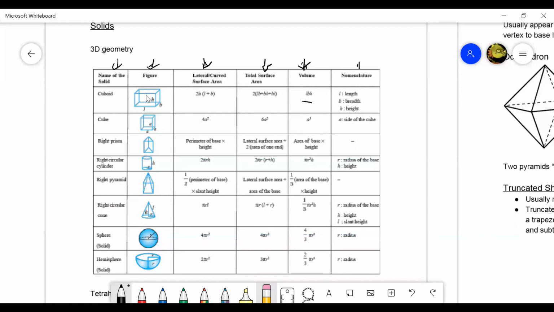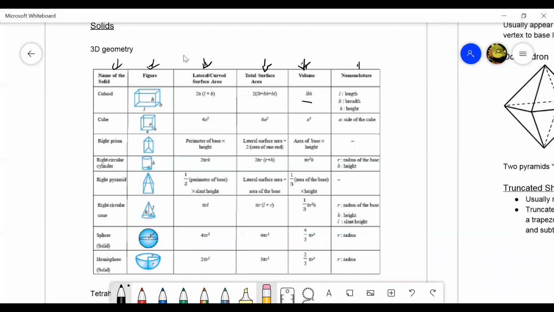So in essence, it's still base times height as the volume of the figure. I'm pretty sure that volume formula is pretty intuitive, because you're taking a height number of these bases next to each other. That's why the volume is what it is.